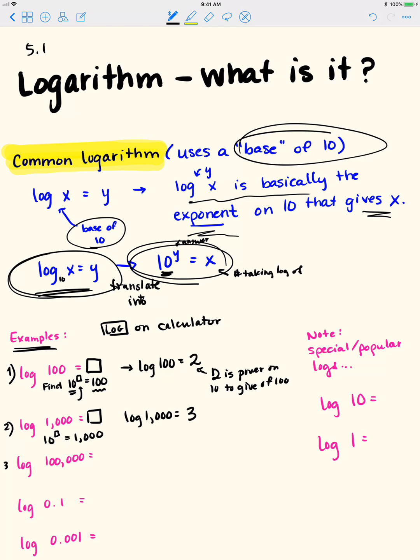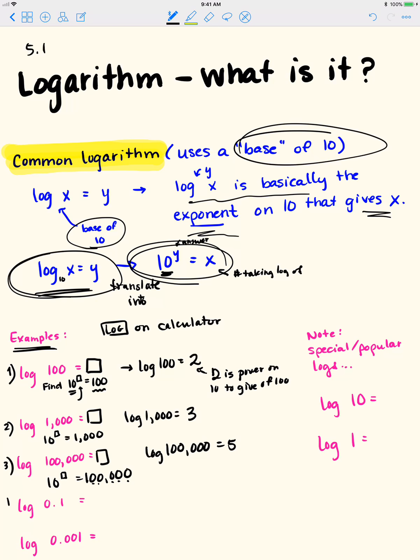Log of 100,000, next example, same idea. 10 to what power would give us 100,000? You can count the zeros if you like. 10 to the 5th power would give you a 1 with 5 zeros. So the answer for log of 100,000 is going to be 5, because again, 5 is the power on 10 that would give you the number 100,000.